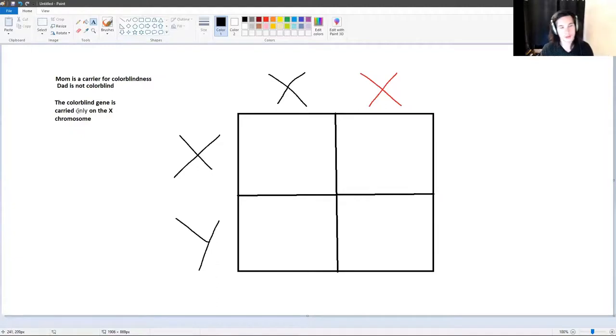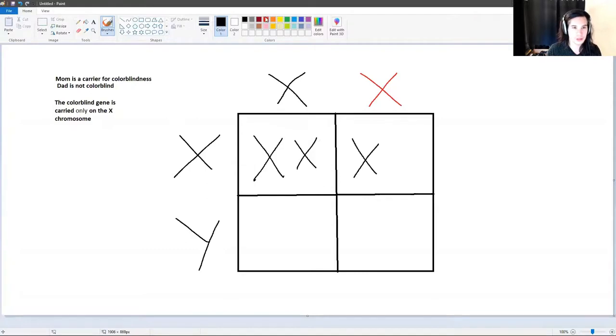Okay, I was trying to bold that, but I guess it comes bold by default. Still stands out. So the colorblind gene is carried only on the X chromosome. And so just to do a monohybrid cross here, you've got XX here. You also have the chance of generating a female that is also a carrier. But then remember, so we got XY here.